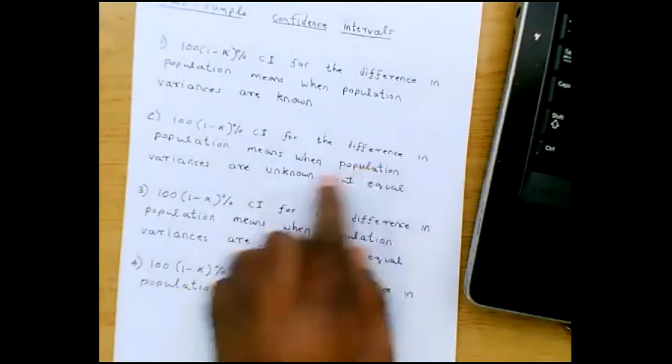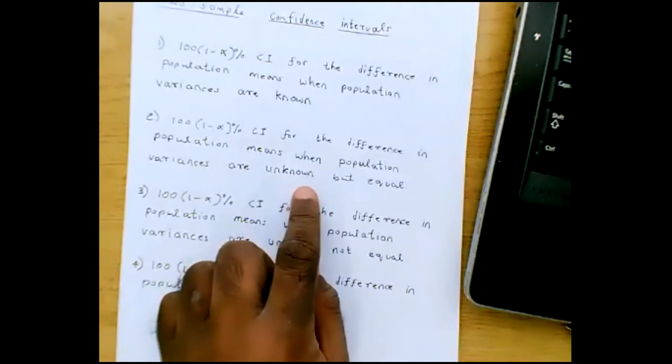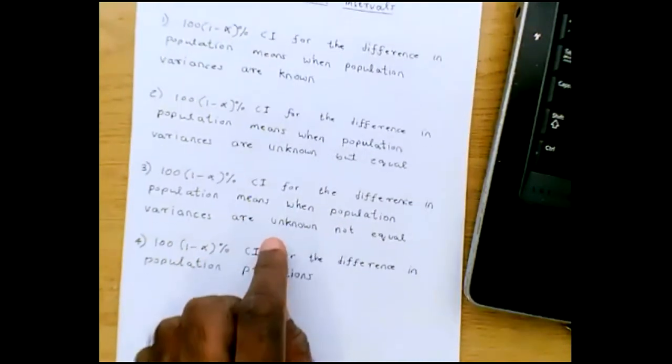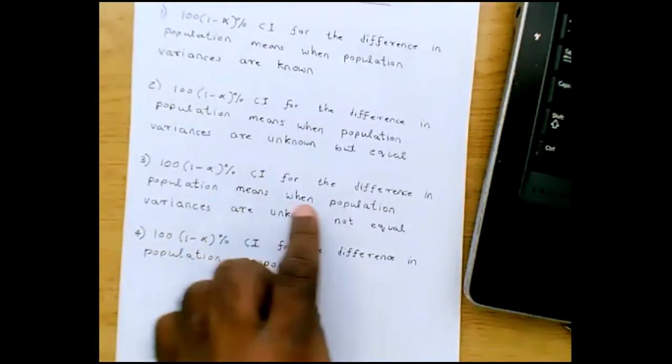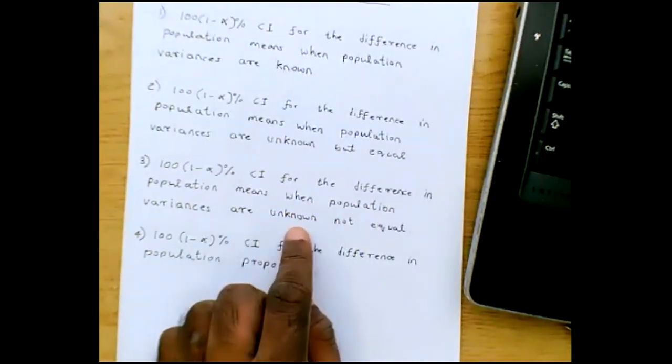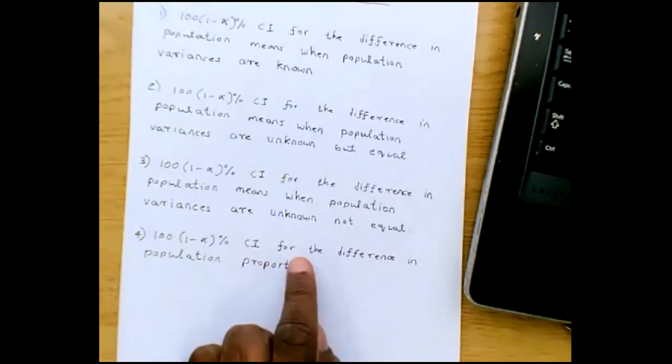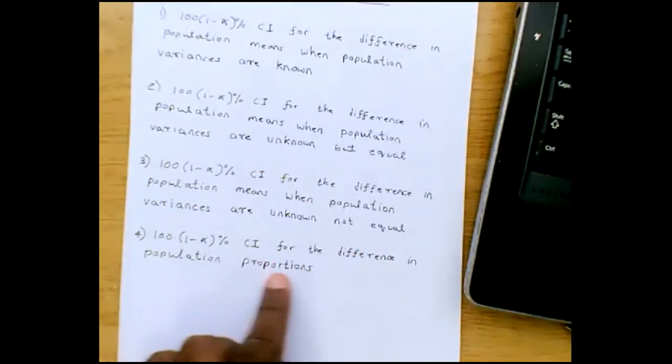The second is the difference in population means when the population variances are unknown but equal. The third one is for the difference in population means when the population variances are unknown and not equal. And the fourth one is for the difference in population proportions.